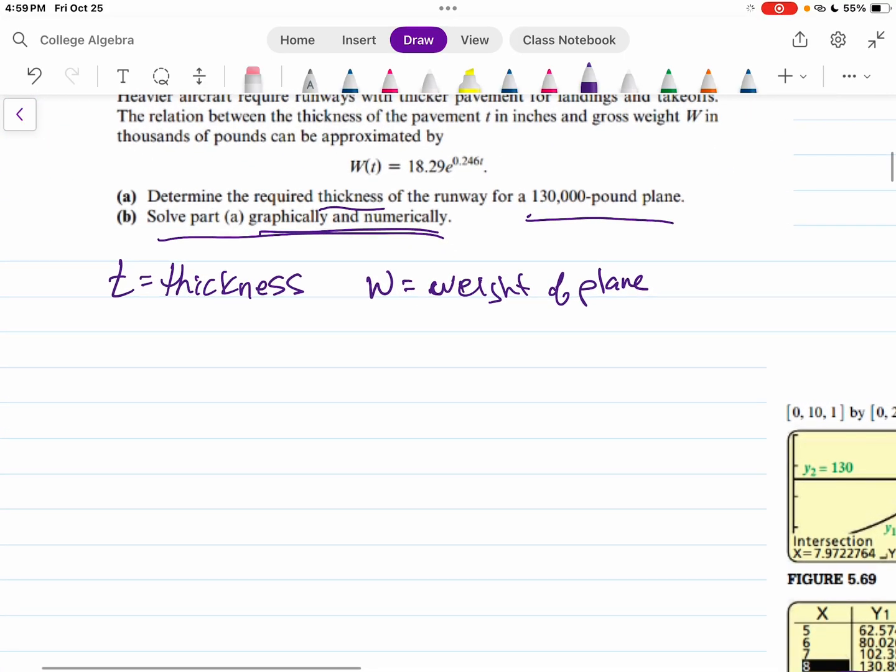So they tell us it's a 130,000 pound plane. Here's the thing. They tell us that it's set up to be thousands of pounds, which means that 18.29 is already in thousands of pounds.